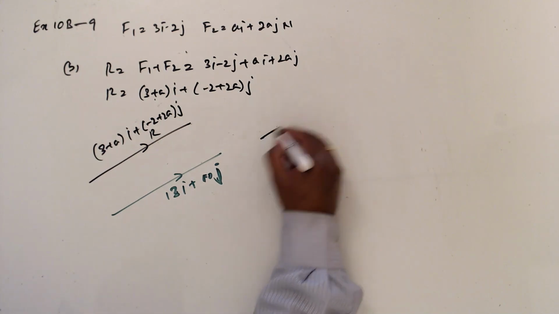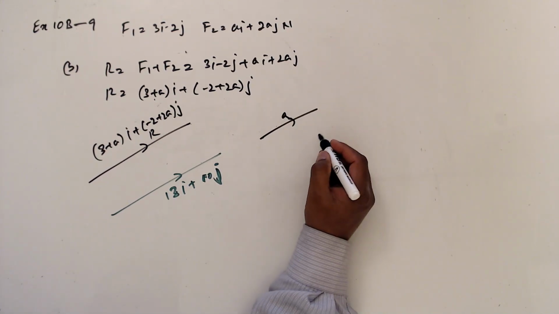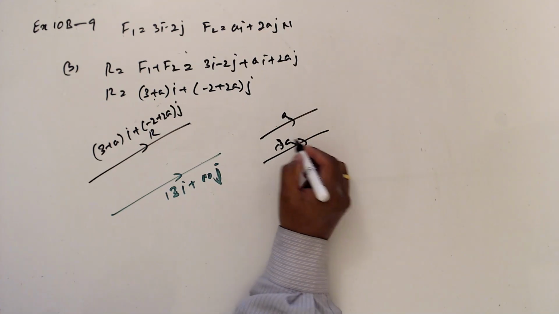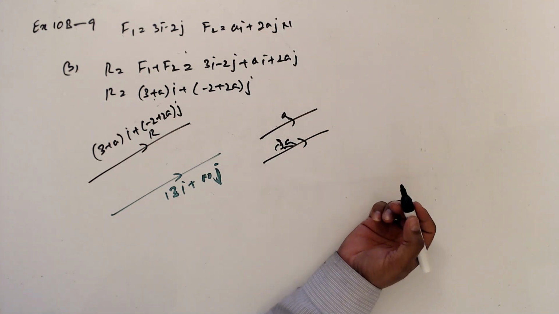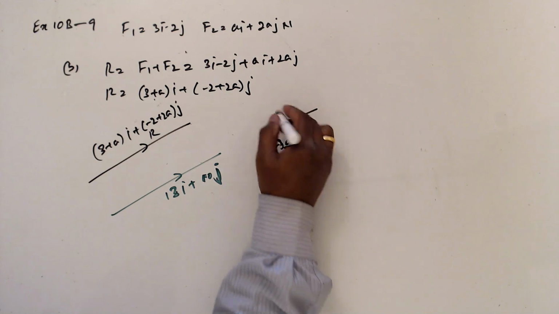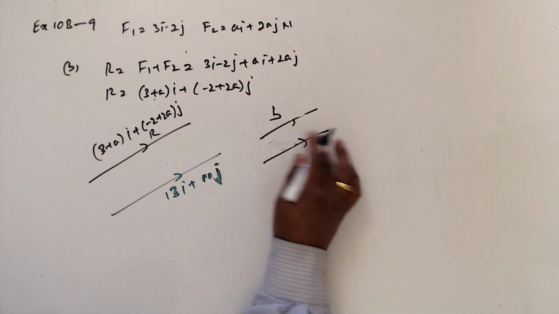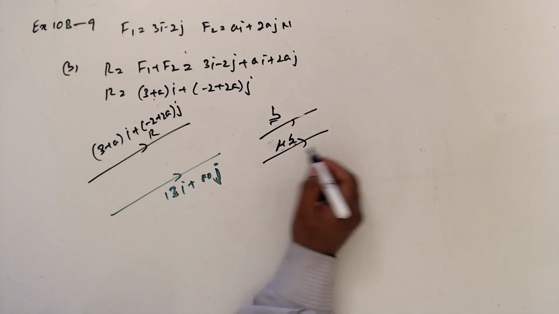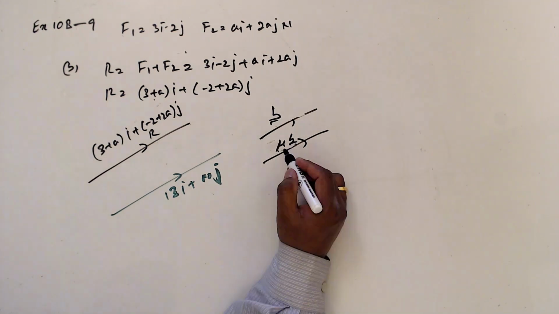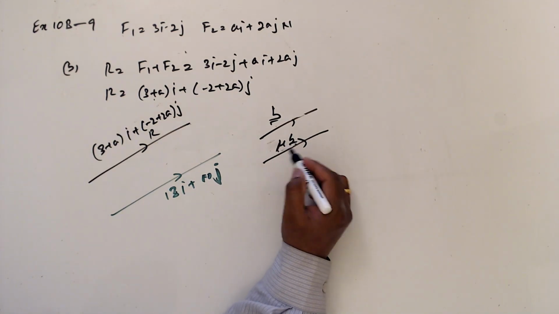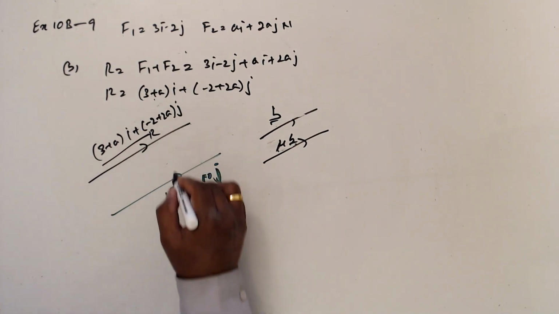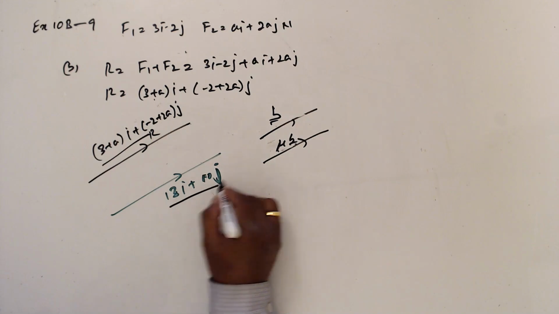Now you can remember from vectors, I believe, if this is A, we write parallel as lambda times A. If this is B, we can write mu times B, with the constant, where mu is a scalar. Likewise, I can write this: R equals lambda times this one.